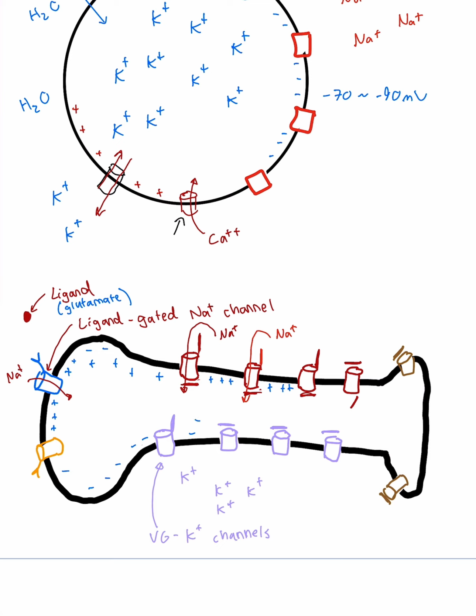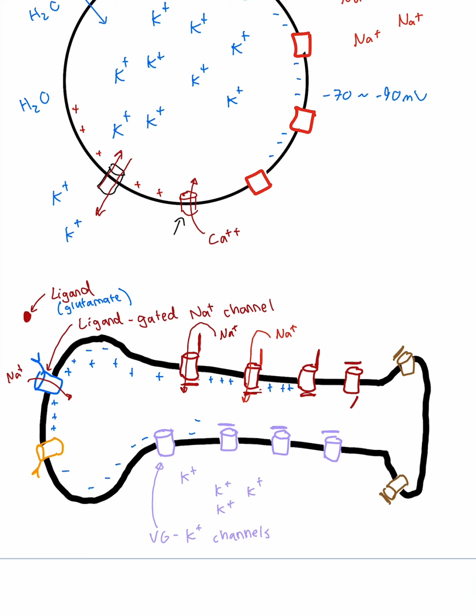And all of these channels, both the voltage-gated sodium channels up here and the voltage-gated potassium channels down here, are all sensitive to voltage, where they open with depolarization, but they close with repolarization, or a negative charge. And if I'm repolarizing this neuron right here and making it more negative, these voltage-gated potassium channels, these purple guys, will start closing.